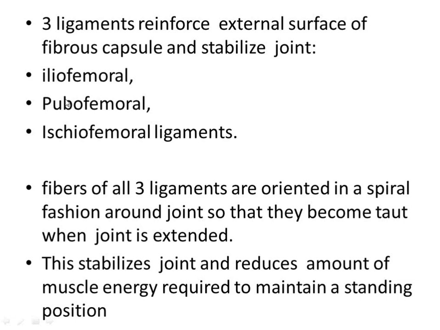Iliofemoral comes from the iliac component, pubofemoral from the pubis, and ischiofemoral from the ischial component of the hip bone. All three ligaments are separate and attach to the femur. The fibers of all three are oriented in a spiral fashion all around the joint, and they become taut when the joint is extended.